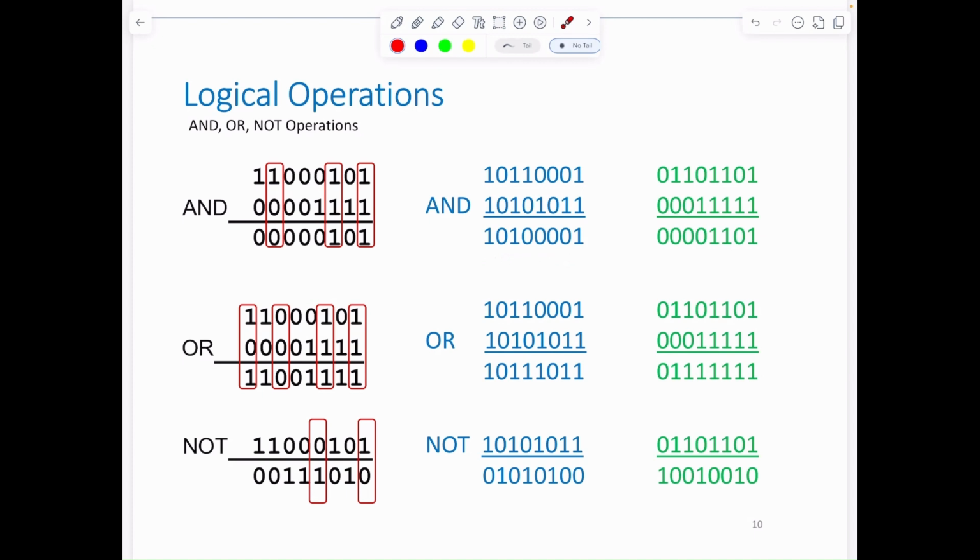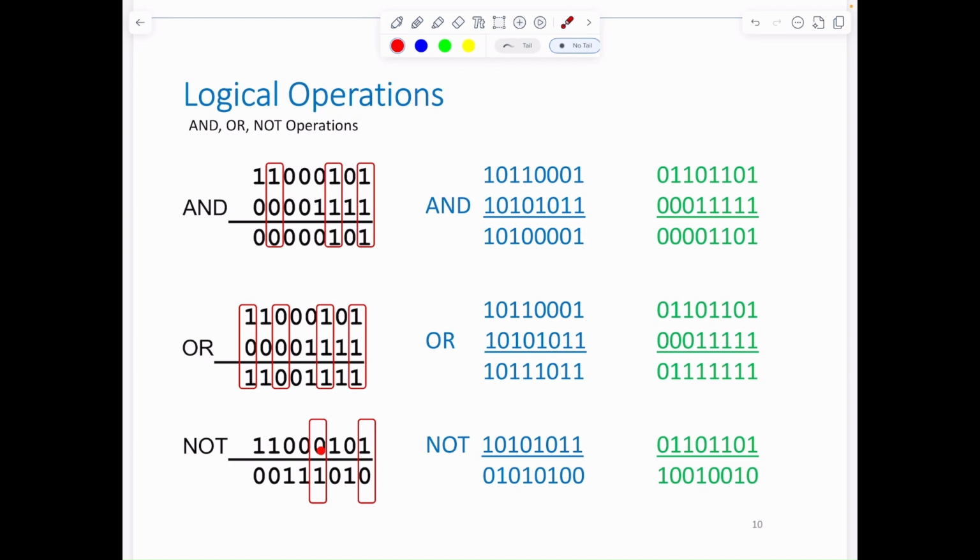Likewise, in the case of OR, right? So if anywhere it is true, right?